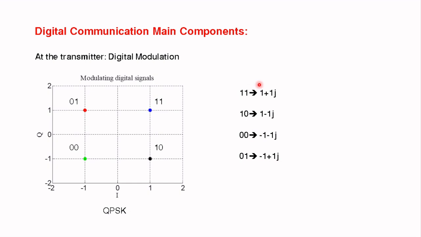In this implementation, we will use QPSK to modulate our input data. And we will use the I-axis to modulate, or in other words, we'll use the first bit to modulate the first image and the second bit to modulate the second image.